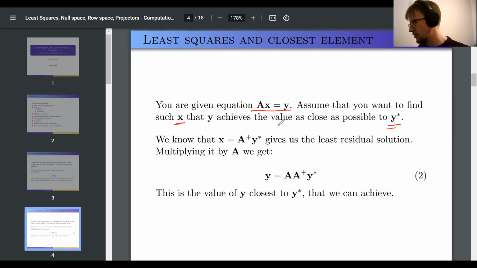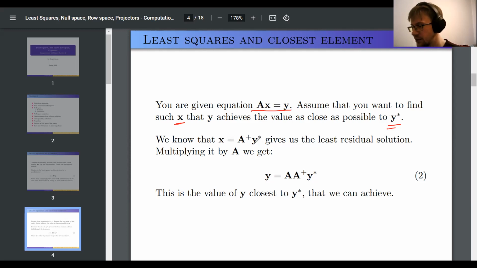You often have some sort of a goal. The goal itself may be unachievable, but you want to get as close to it as possible. In engineering it is, I guess, typical enough. Sometimes you have to achieve the goal, but sometimes you just want to be as close as possible to it. Okay.